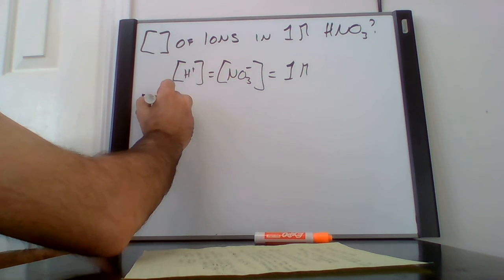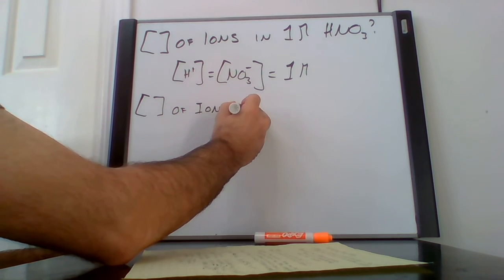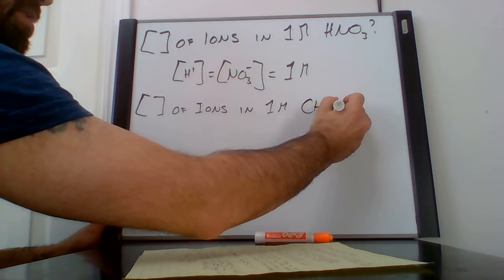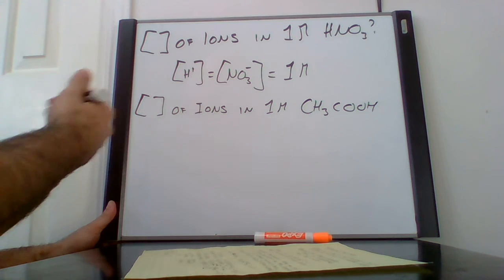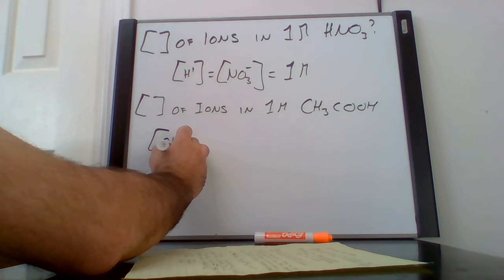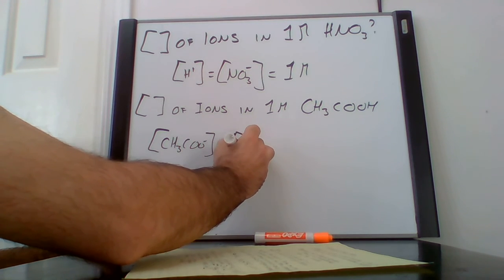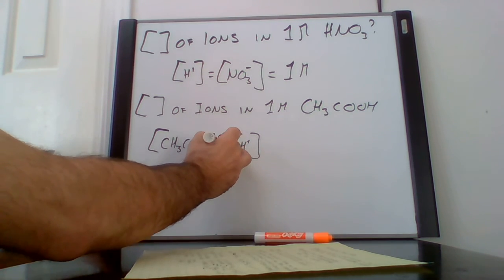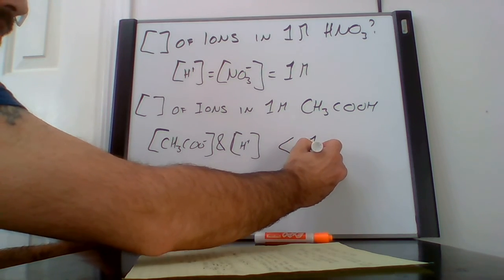However, if we are looking at the concentration of ions in a 1 molar CH3COOH, both of the ions we're going to talk about here, the CH3COO minus and that H plus, are going to be less than 1 molar.